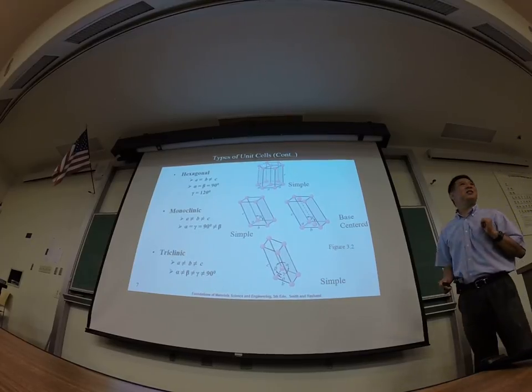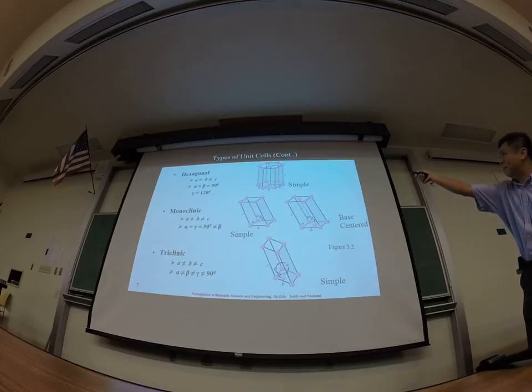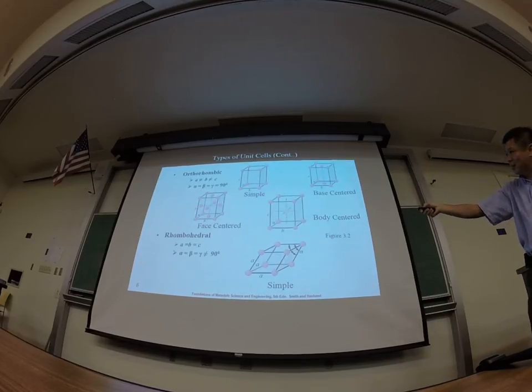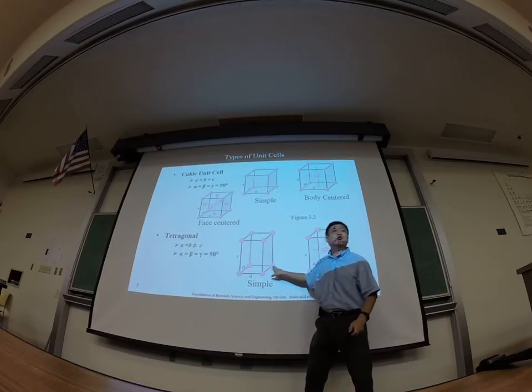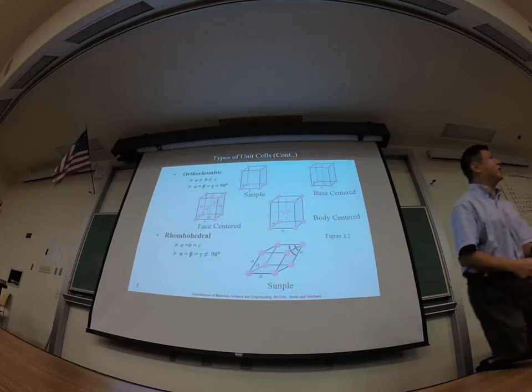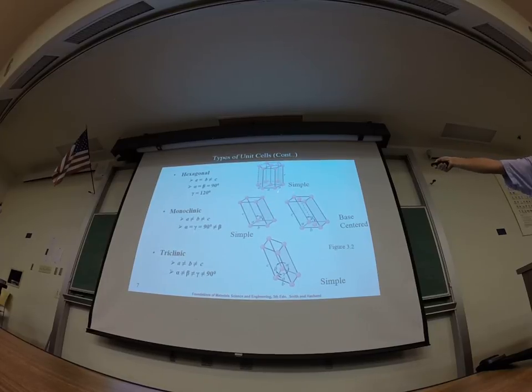Or another easier way you can think about the hexagonal structure, you can think about using this tetragonal structure. If you think about putting three tetragonal cubic structure, stacking them together, see, take a look. This one is a tetragonal, right?